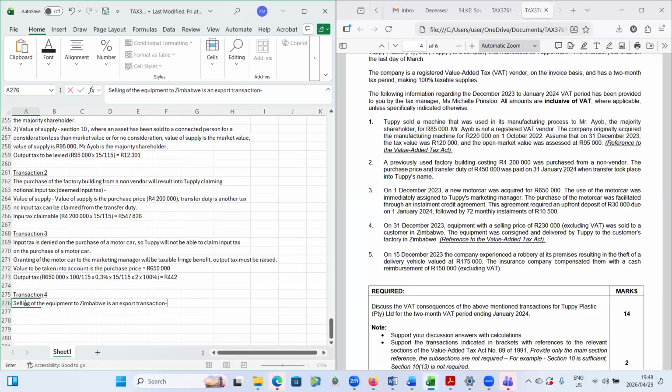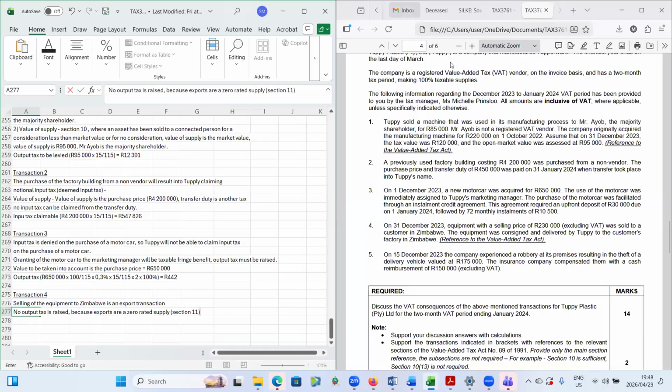What are the tax implications of an export? No output tax is raised. Why? Because exports are a zero-rated supply. Which section is this? Is it not section 11 or 12?